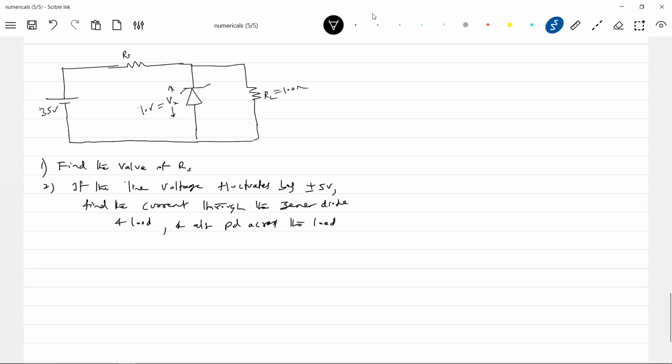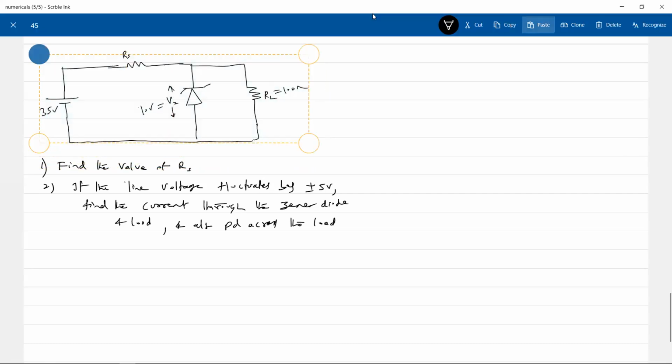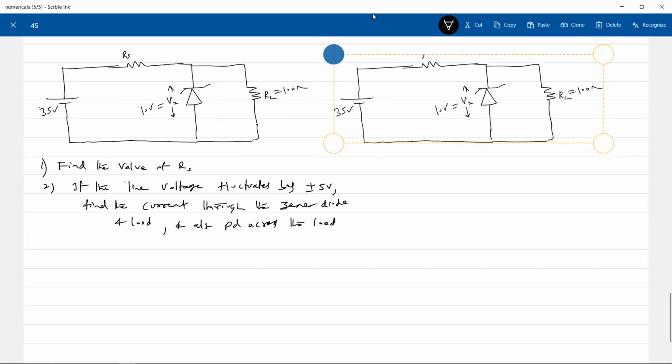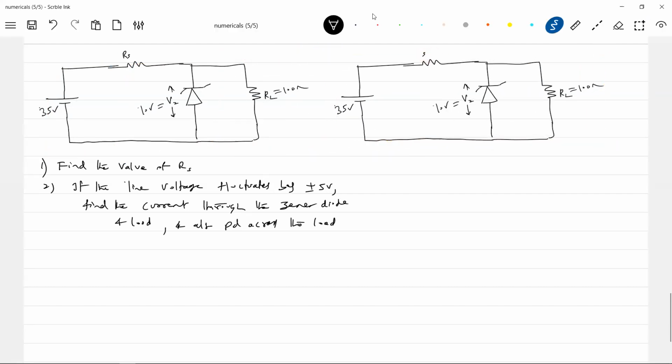Okay, we'll do the first part. What is the first part? It will say 35 minus IS RS. Okay, we don't know. So now we'll begin like this.